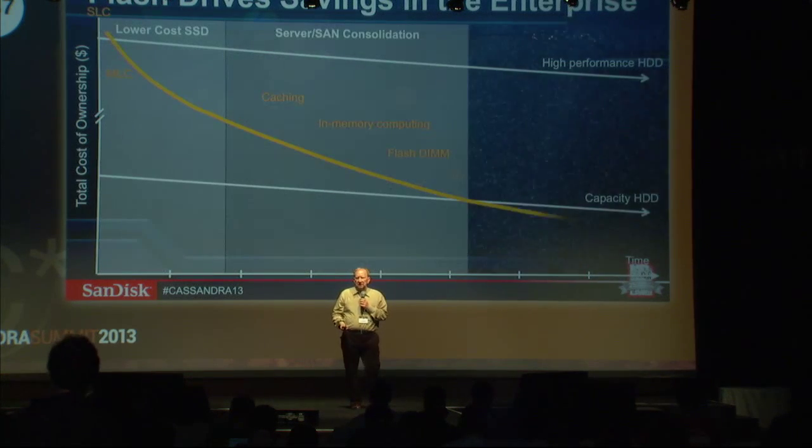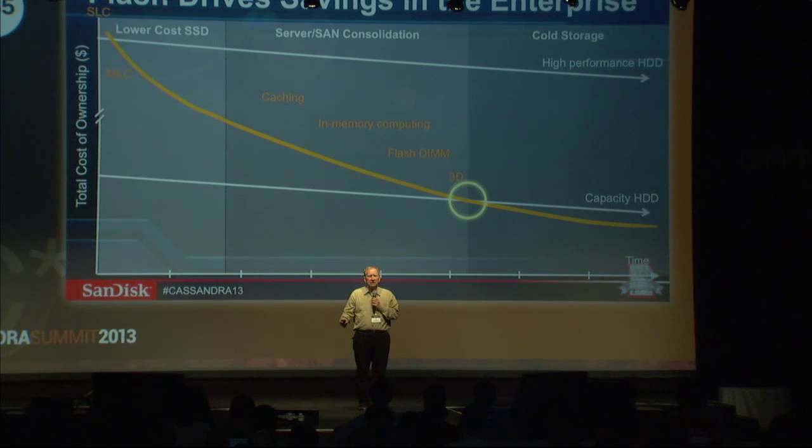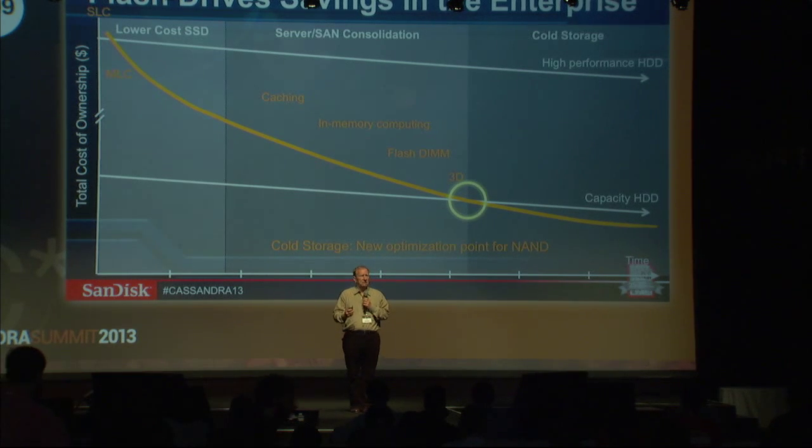What's interesting is as we're doing these new technologies with the software, we're able to provide not only caching, initially we replace SSDs, but then as we introduce new software capabilities such as caching, such as the in-memory computing I just showed you, and as we introduce 3D technology, the use cases of flash across the data center will just continue to grow.